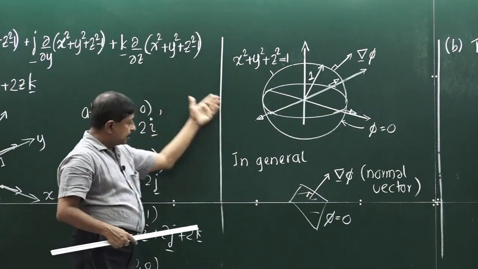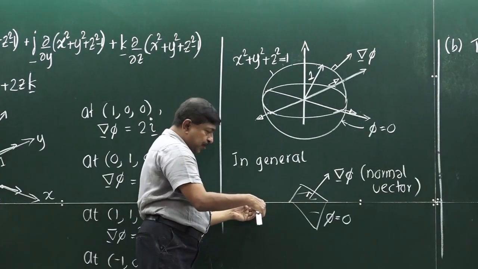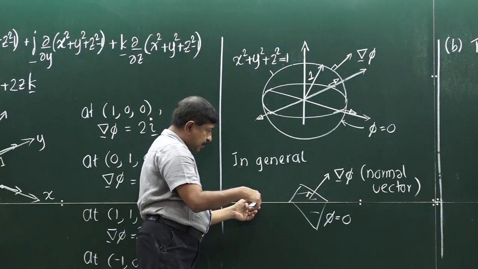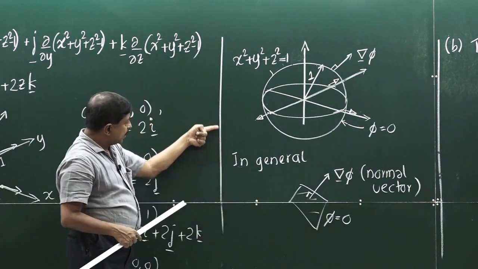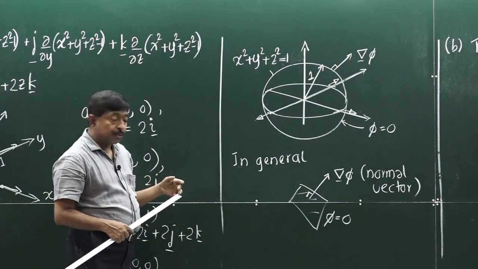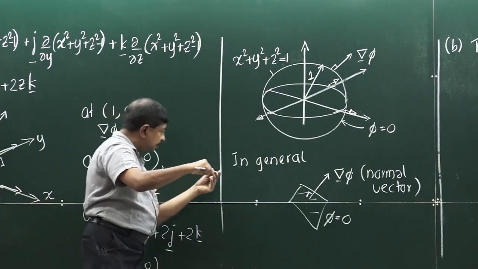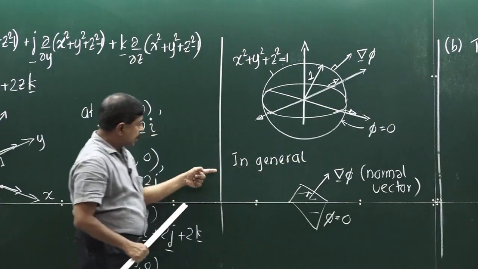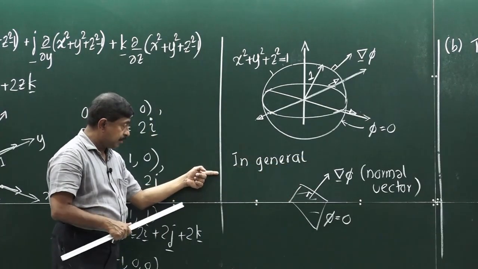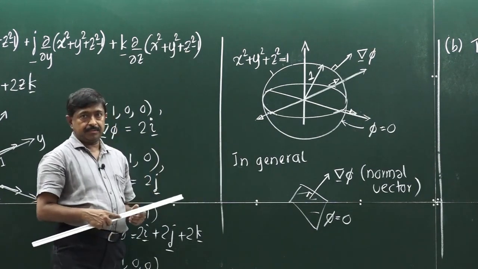Think about this board and this point: there is only one normal to the surface. But if you take this line, there are infinite normals. This is a normal, and if I draw something like this, this is again a normal to the line. Therefore, there are infinite normals to a line, but to a plane there is only one normal direction.